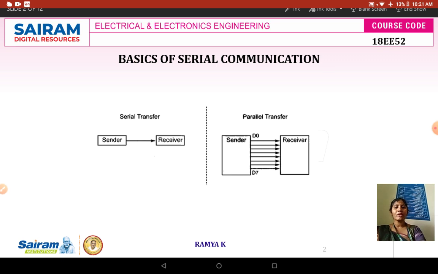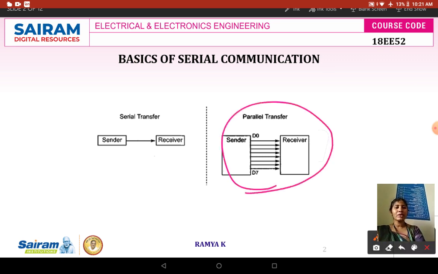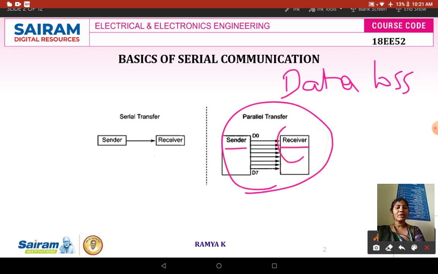And one more thing, in case of your parallel data transfer, data loss is less. For example, if I am going to transmit some data from the sending end to the receiving end, to a percentage of 99, it will receive the data whatever we are sending from the transmitter.